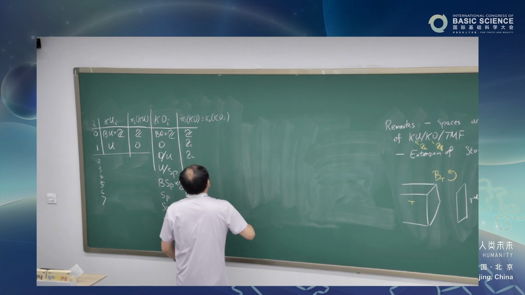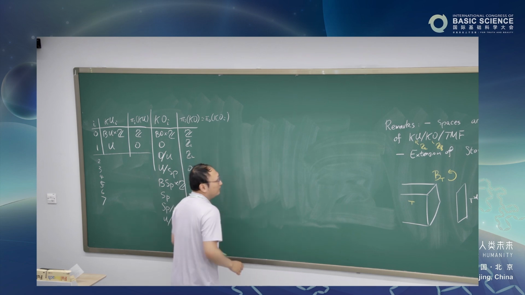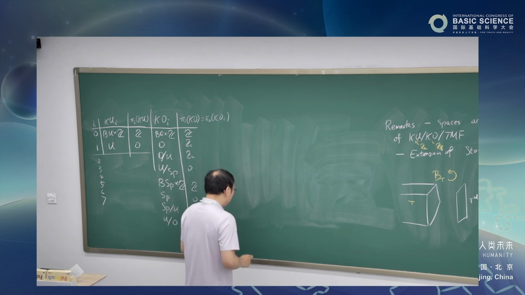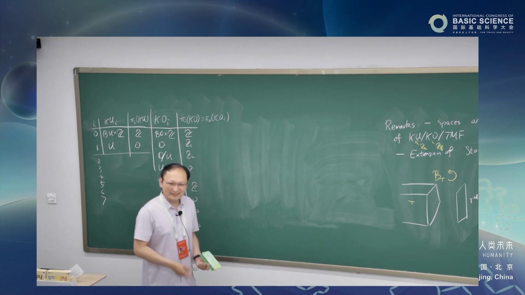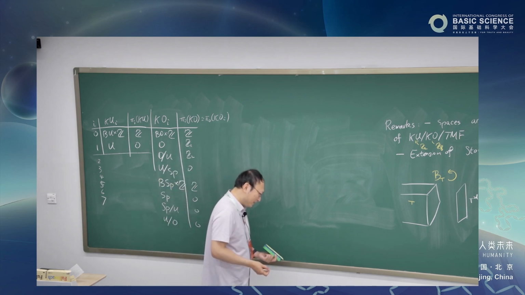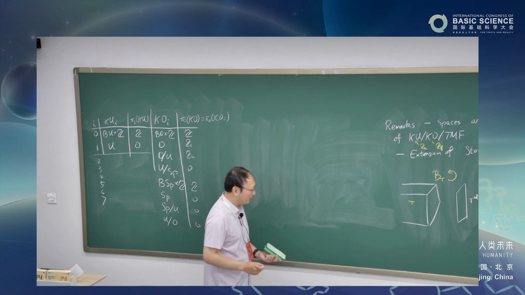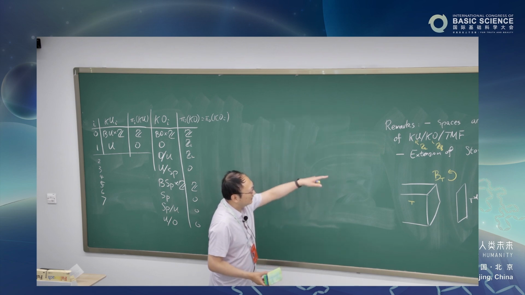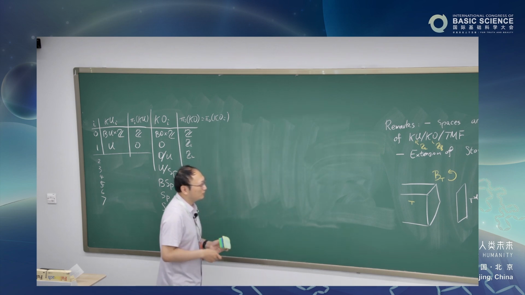So let's explain the reasoning behind this claim that I have just erased. Why the space of boundary conditions in a supersymmetric sigma model is given by KU, KO, TMF homology.